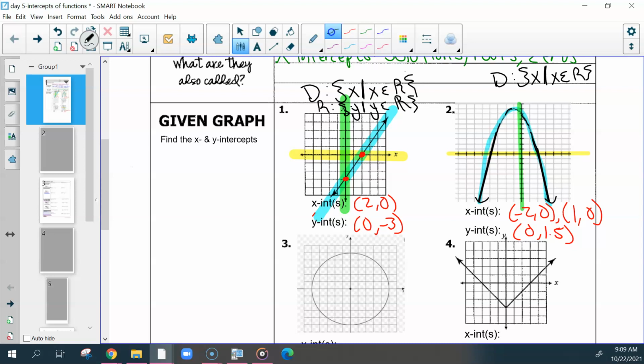For the range of this one, whatever you guys have, y is less than 1.6, 1.5, whatever decimal we use there. So it has a starting point but not an ending point, and it's everything below that. So y is less than or equal to 1.5, 1.6, whatever you put there.